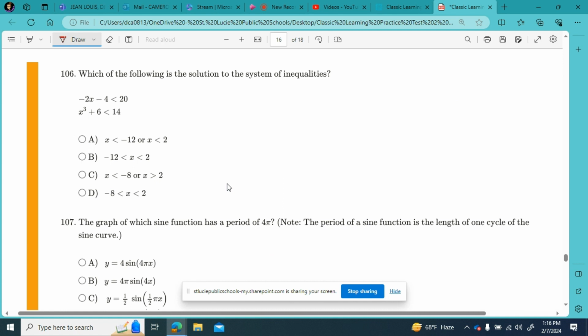We only have one variable, so negative 2x minus 4 is less than 20, and I want to get the x by itself. So first I'm going to get rid of my minus 4. Opposite of minus 4, add 4.